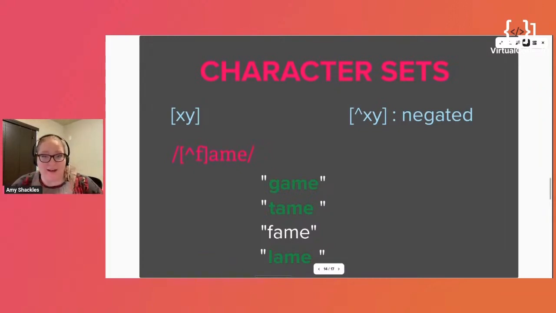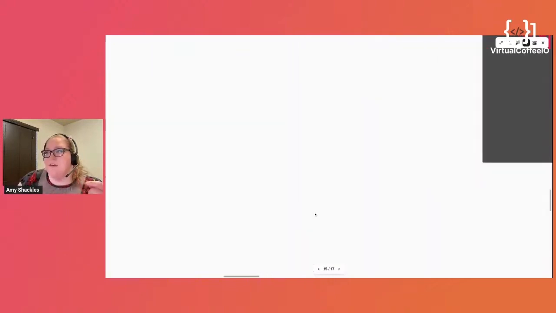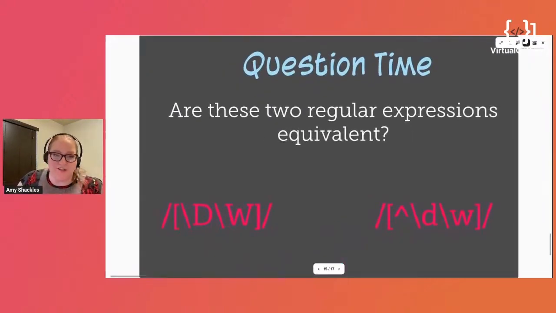You also have negated character sets. That's saying that you don't want to match any of the things included in the negated character set, but it could be anything that is not included in the negated character set, if that makes sense. So if you have a negated character set of F followed by "ame", you would match game, tame, lame, but not fame.